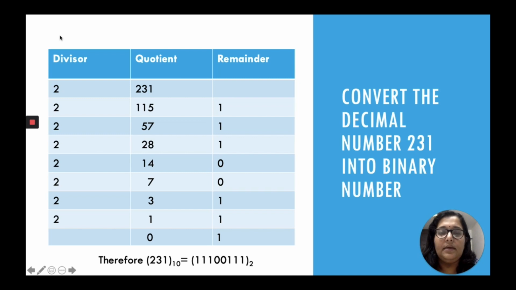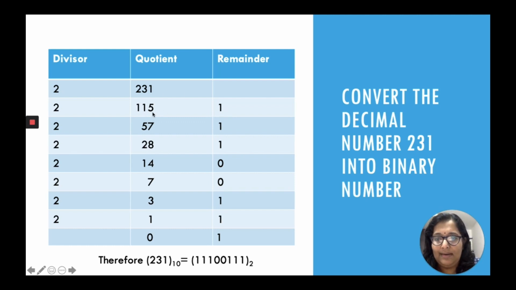In this slide, I'm going to show you how to convert the given decimal number 231 into its respective binary equivalent number. For that, you have to place 231 in the quotient column. You're going to divide it by 2. When you divide 231 by 2, your quotient is 115 and you get a remainder of 1.